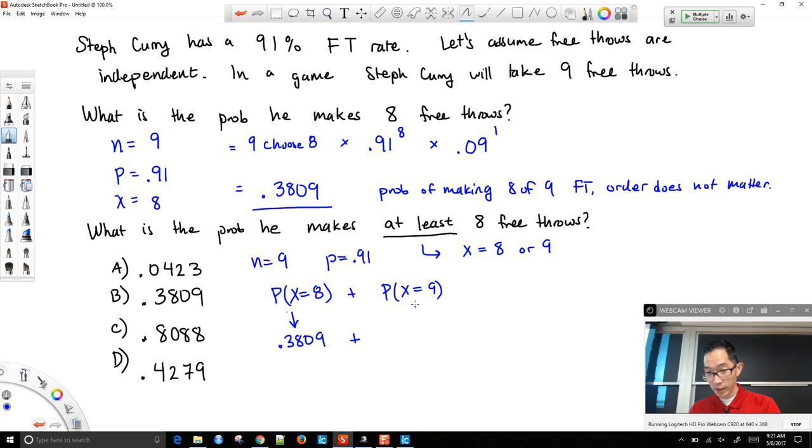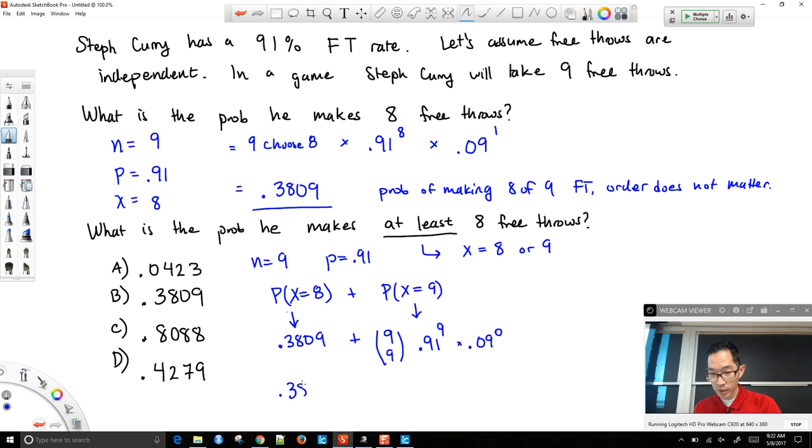Now we have to add the probability that he makes all 9 free throws. So that's going to be 9 choose 9. This time I'll write it this way: 9 choose 9 times 0.91 raised to the 9 times 0.09 raised to the 0. Now this just reduces to 0.91 to the 9.